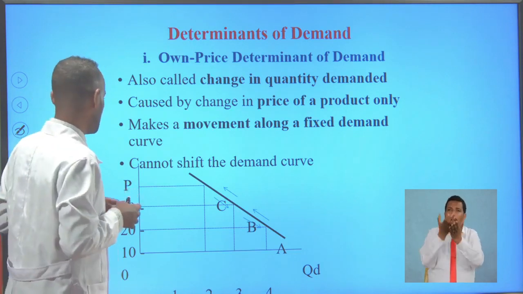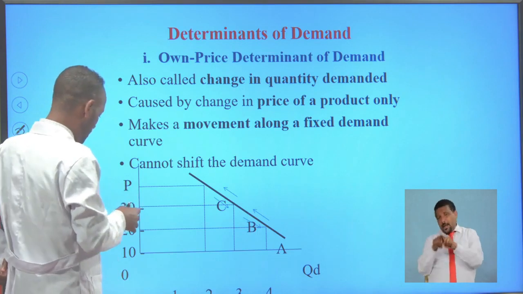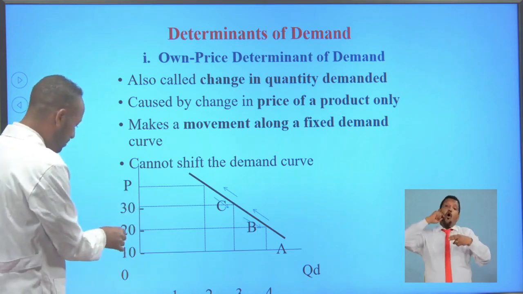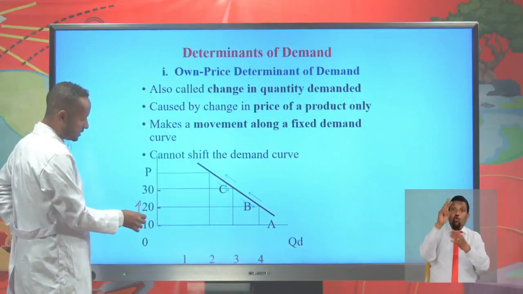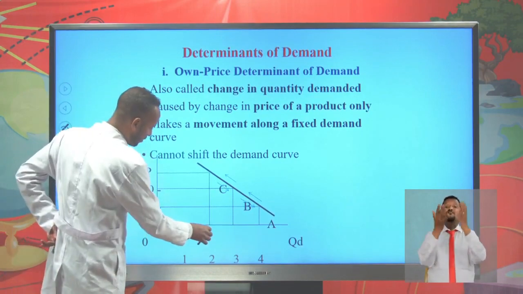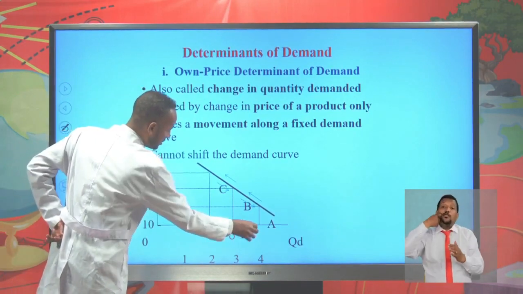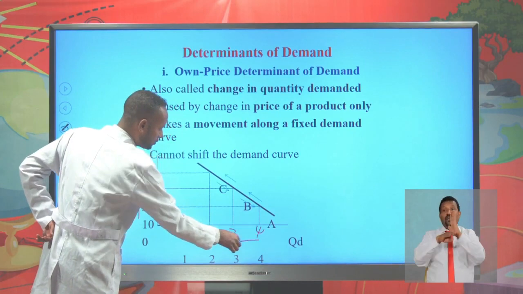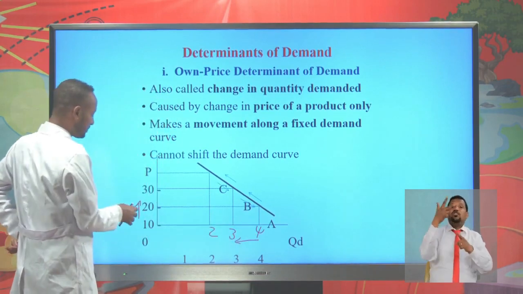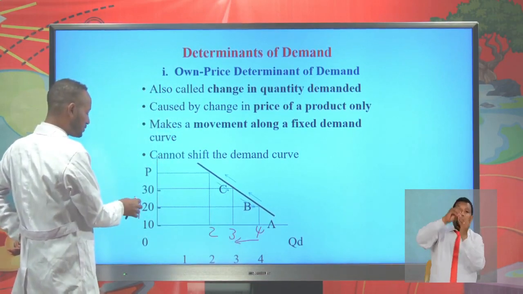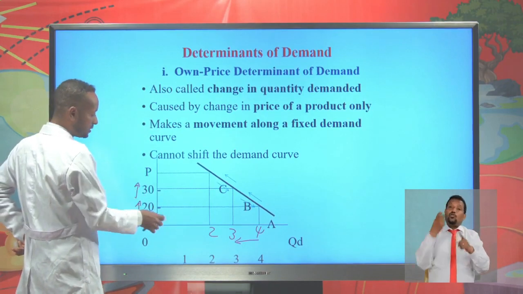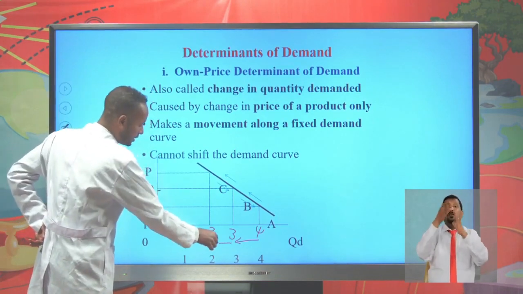For example, as the price of a kilogram of orange increases from 10 to 20, the quantity demanded for orange declines from 4 to 3 kilograms. As price increases from 20 to 30, the quantity demanded also declines from 3 to 2.